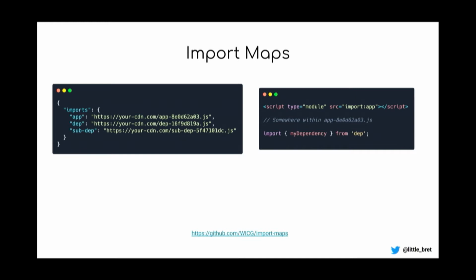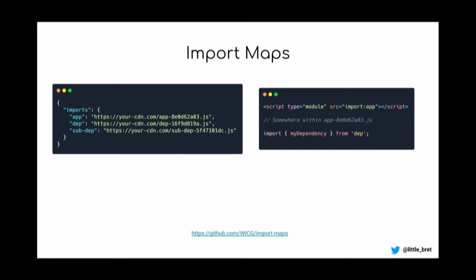Import maps are also really cool because they can abstract away the way we do cache busting with our apps. So imagine you have your app that you want to load. Well, it's located at this CDN with this unique URL, and whenever we redeploy this application, we're just going to deploy a new version of this JavaScript file with a new hash on there.